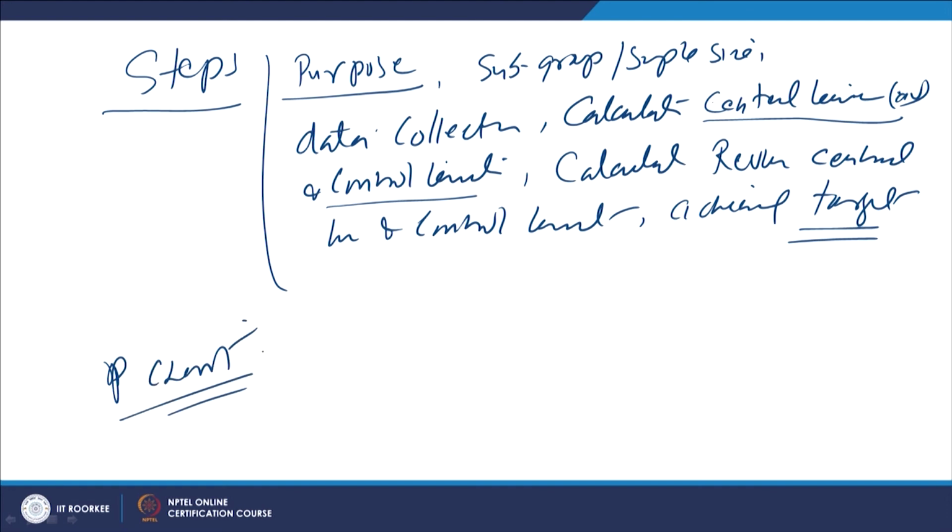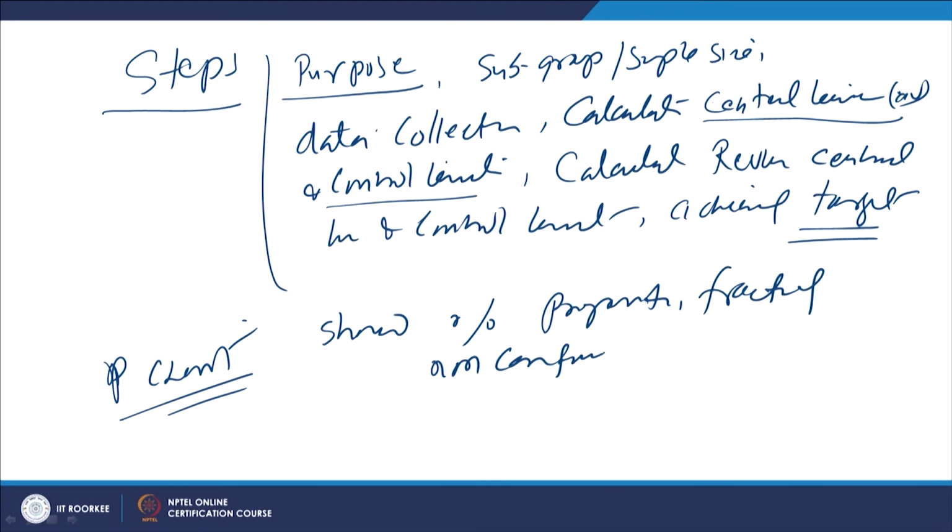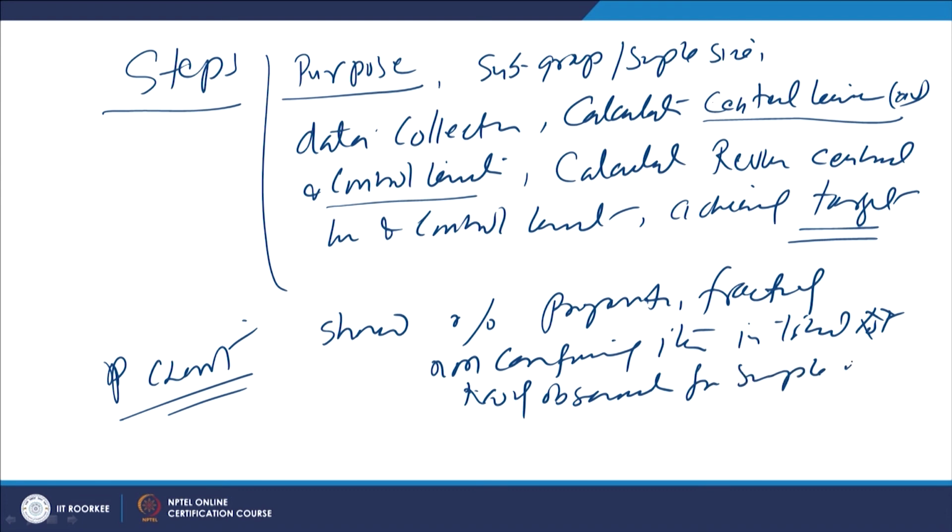As far as the purpose of the P chart is concerned, the P chart shows the percentage or proportion or fraction of non-conforming items in a total lot, in the total number of observations from the samples selected.